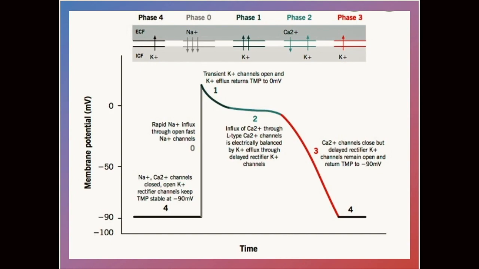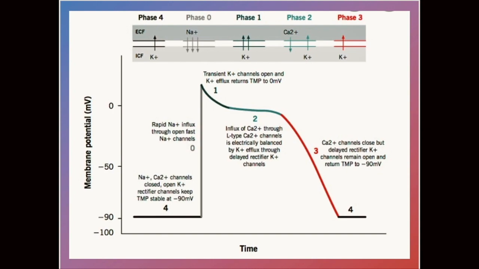Next is phase 3. Phase 3 is the phase of rapid repolarization where there is massive potassium ion efflux due to the opening of voltage gated slow potassium channels and the closure of voltage gated calcium channels. So in phase 3, what happens?